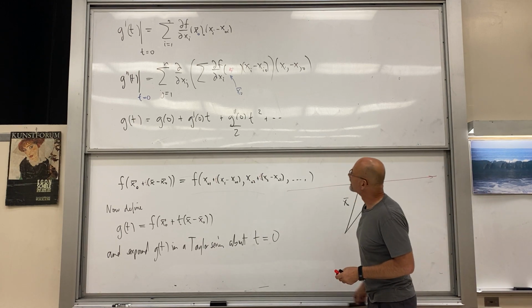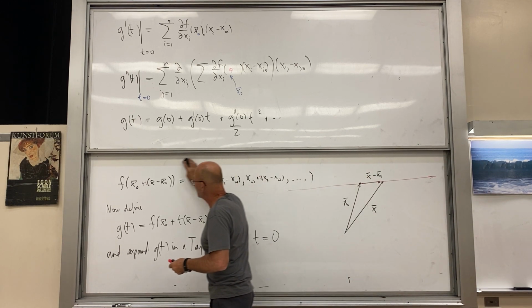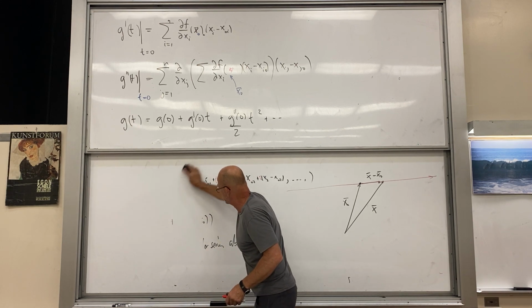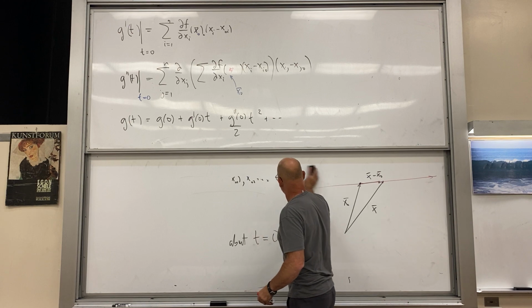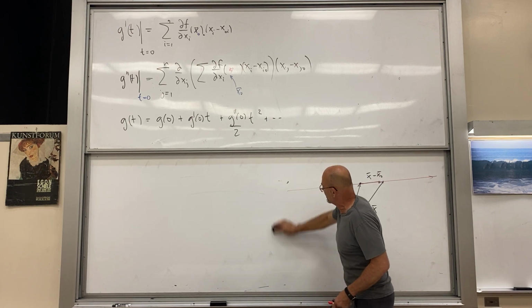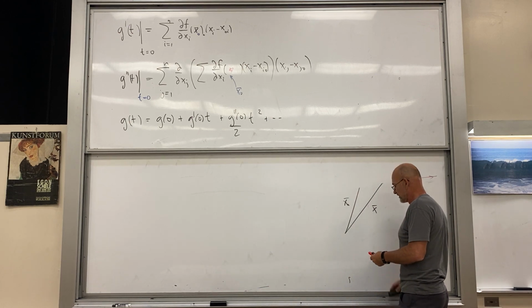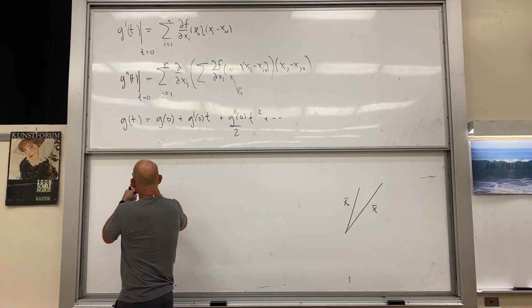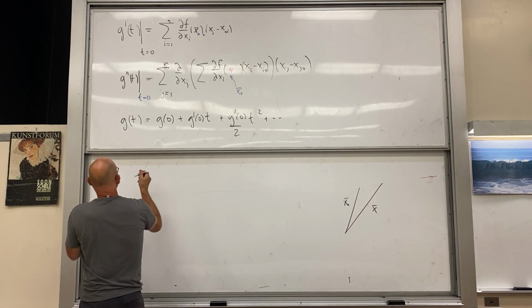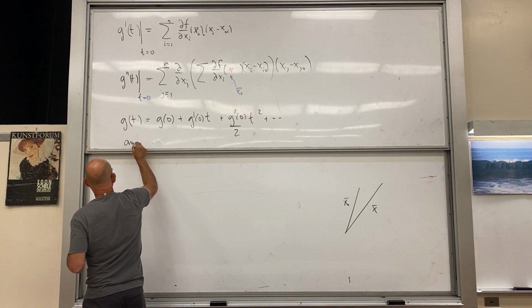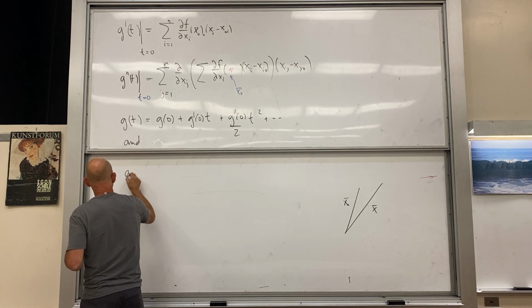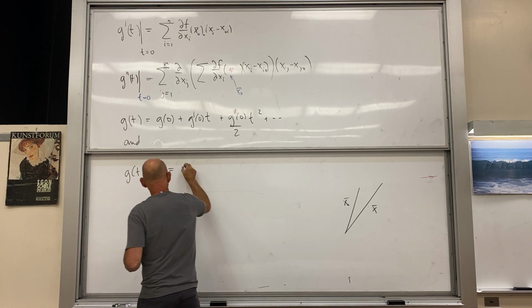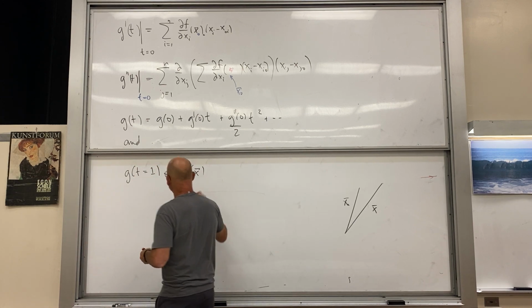So let's see, I gotta erase all this stuff now. G of t is equal to this, and g of t equals 1 is equal to f of x.